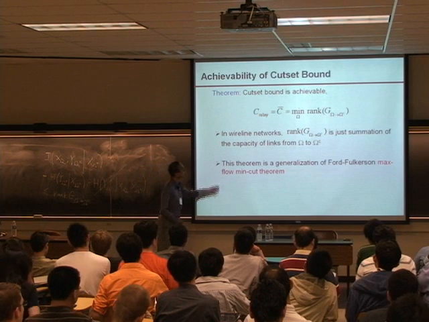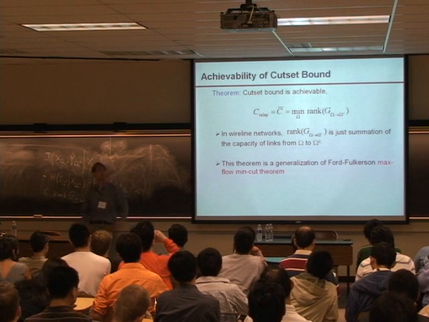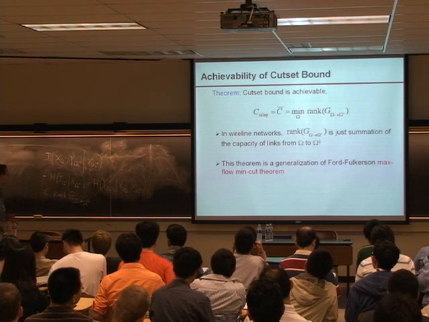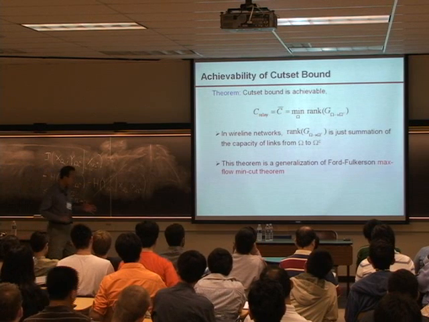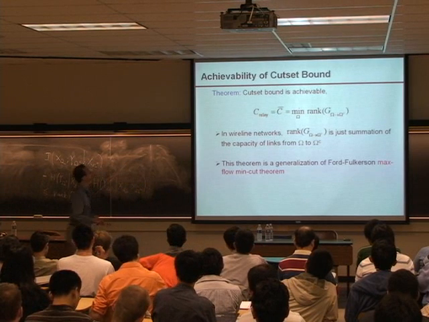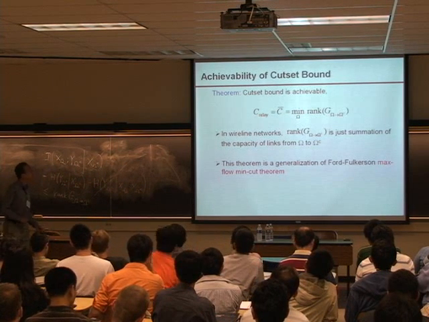Okay, and this is the Ford-Fulkerson theorem. So this is a natural generalization of that to the class of channels where each transmitter receiver is connected by linear finite field transformation. Okay, all right.